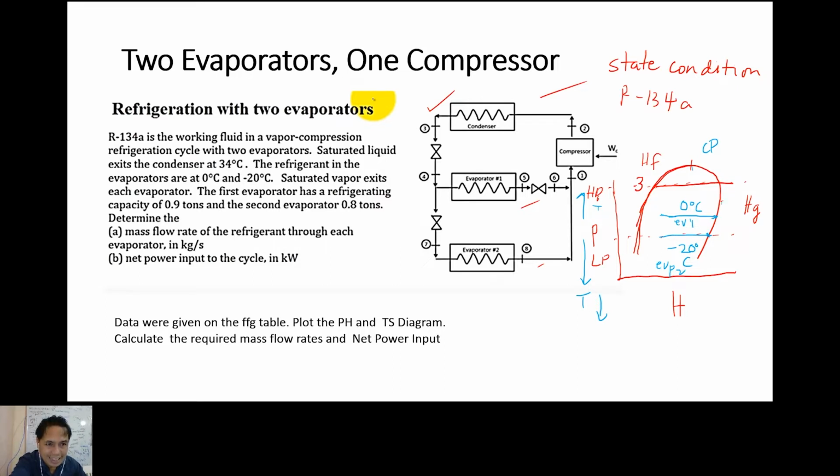So when it exits the evaporator, the discharge of the evaporator, I know that this is touching the saturated vapor line. Do you understand, class?